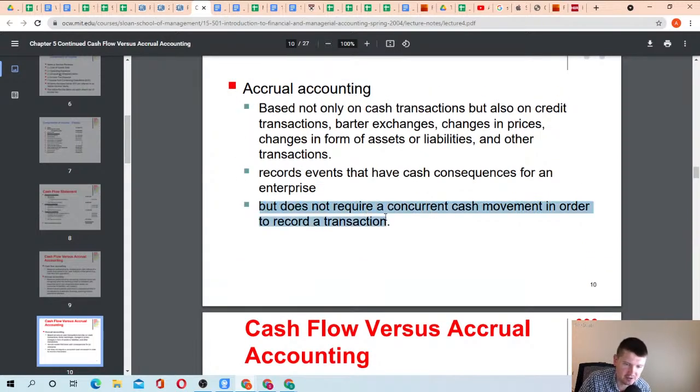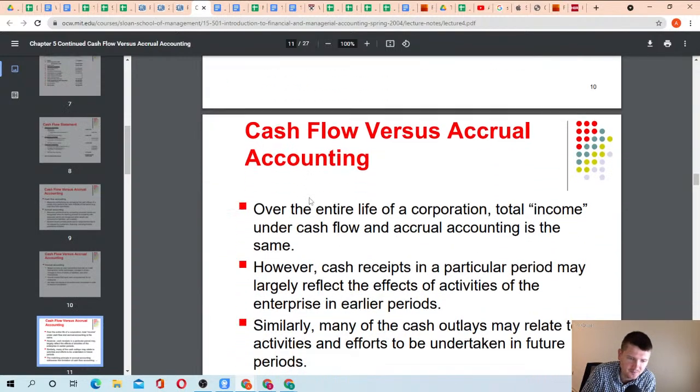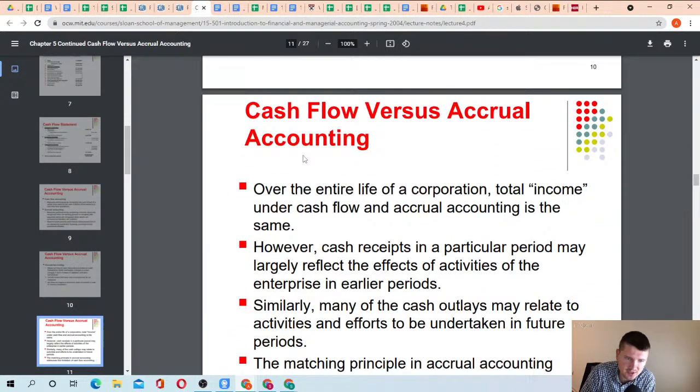Accrual accounting does not require a concurrent cash movement in order to record the transaction. So basically, you record revenue when it happens. For example, if you sell a product, it's when you transfer title to your customer. Cash flow versus accrual accounting.